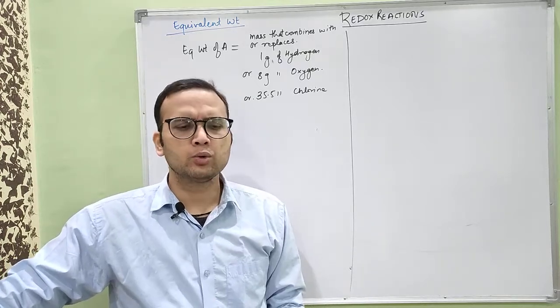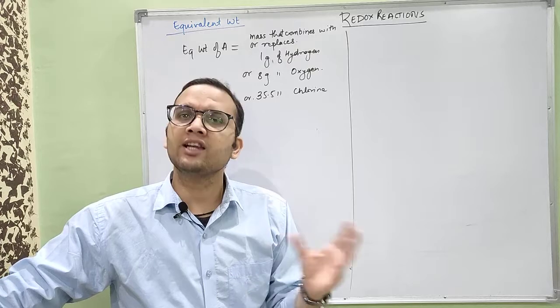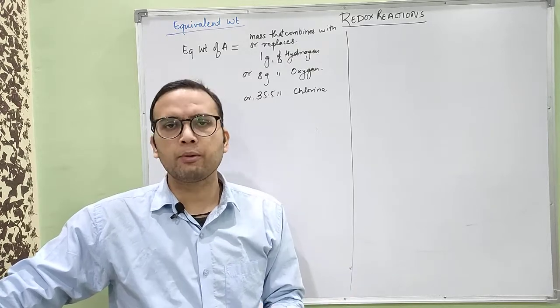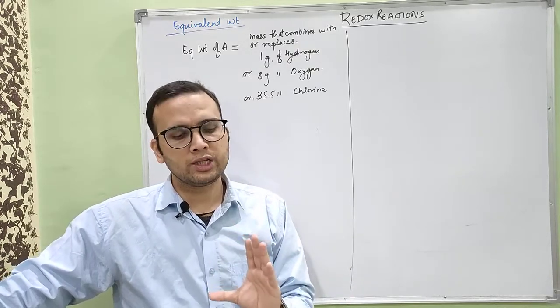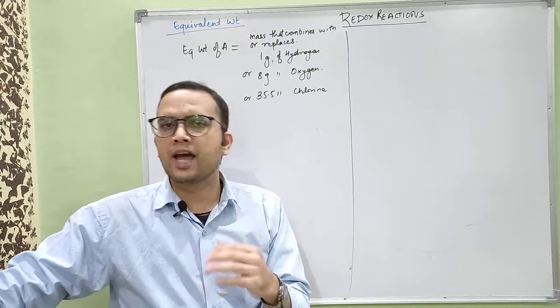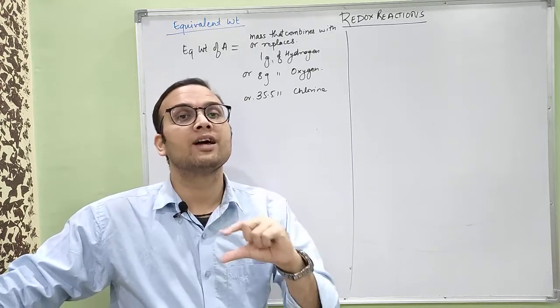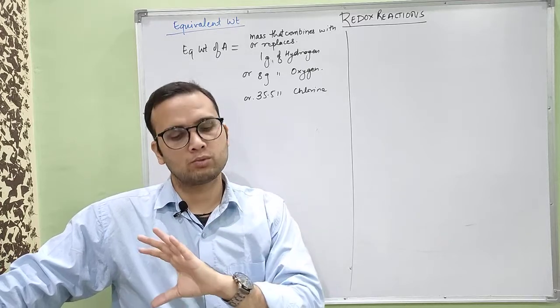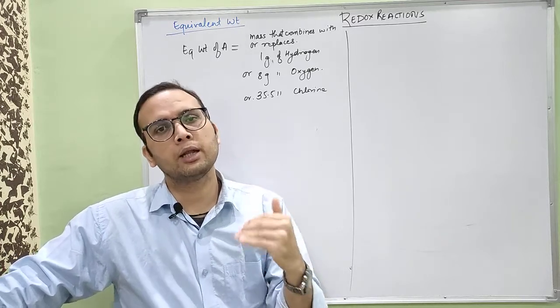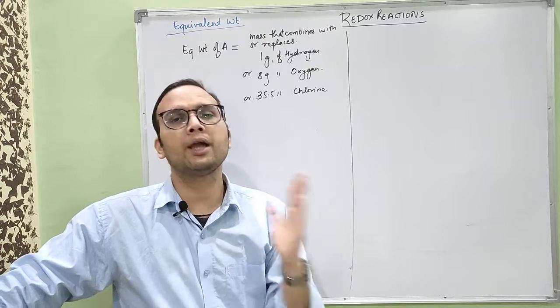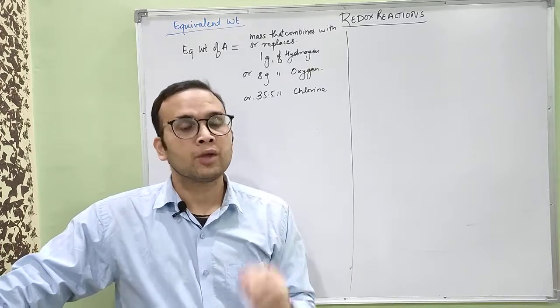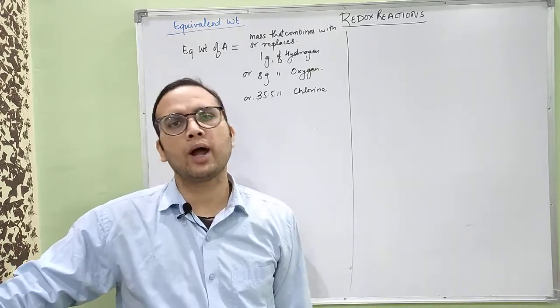One was to first balance the half reactions and then add them up, and the other one was using the oxidation numbers and n factors to balance the whole equation as a whole. I mean, just write the complete equation and then try to balance it without breaking it into half reactions. So we have already taken a look at that.